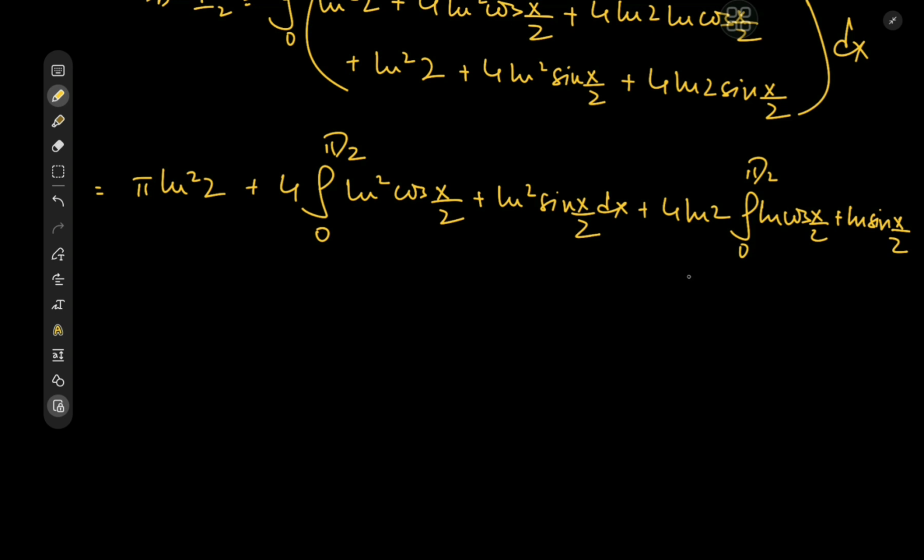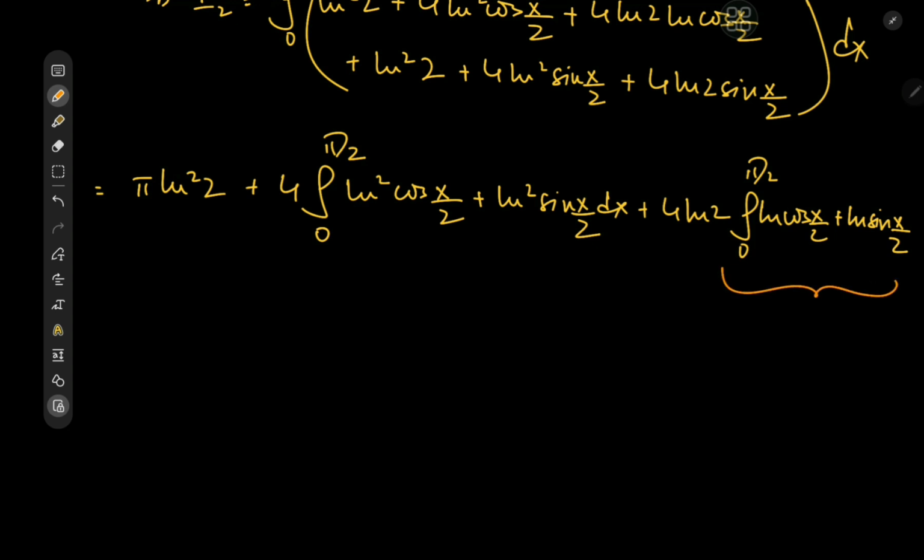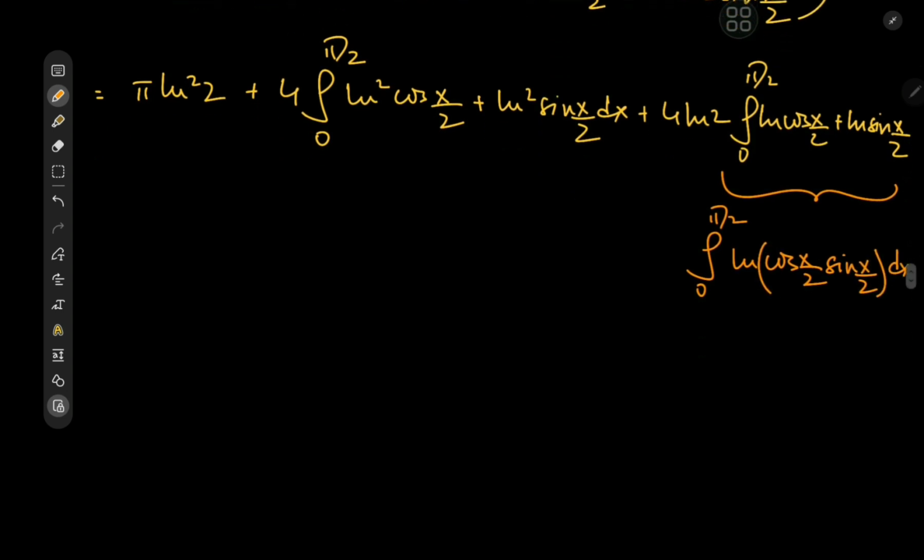Let's deal with this integral first because it seems fairly simple. Here we have the integral from 0 to pi by 2 of what exactly? Well, we can write this as log of cosine x by 2 times sine x by 2 dx, meaning that we have 1/2 of sine x by the double angle formula.